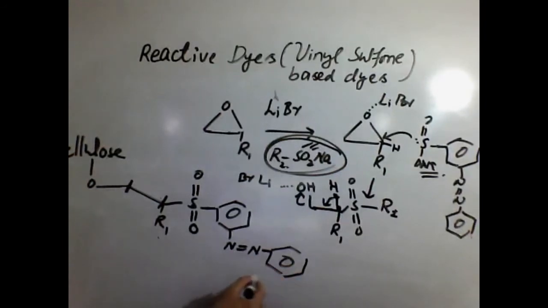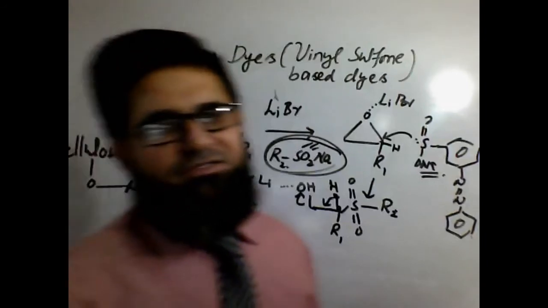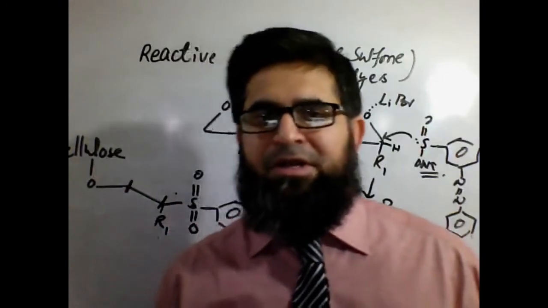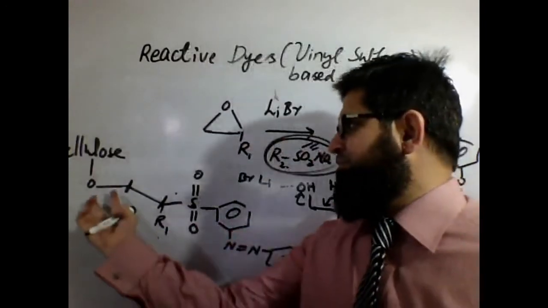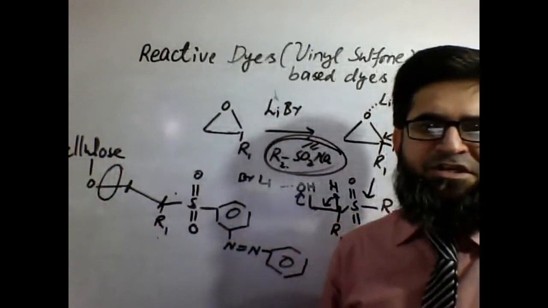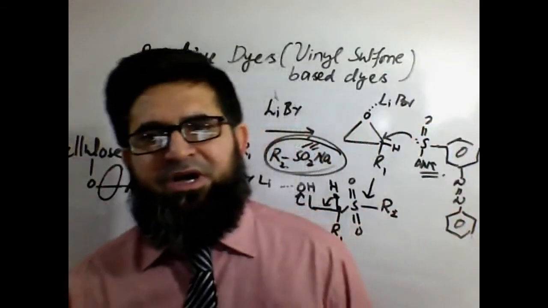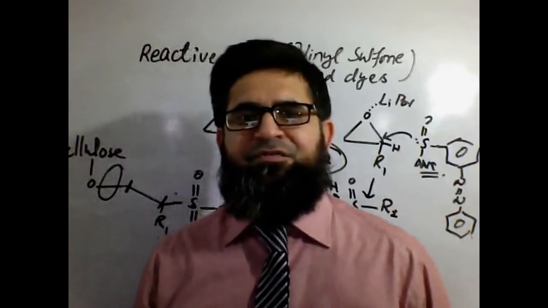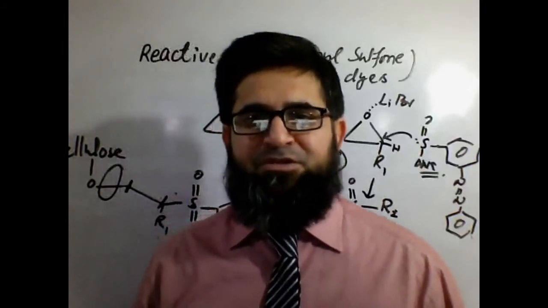So an azo vinyl sulfone-based dye has reacted with cellulosic fiber. As the reaction has resulted in the formation of a bond, this is the bond which has been produced. So the dye molecule is supposed to get fixed permanently on the cellulosic fiber.